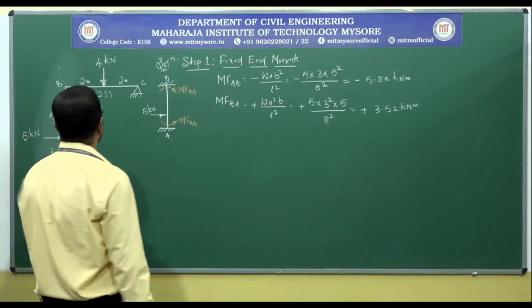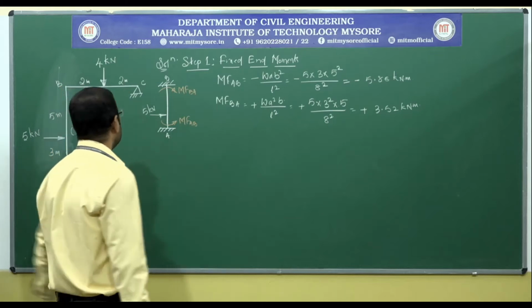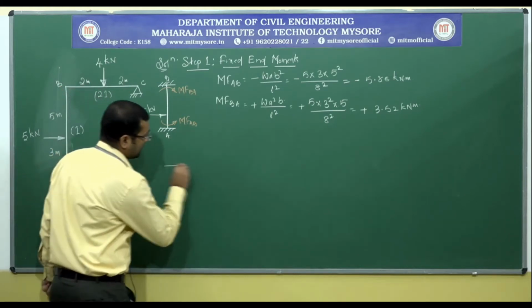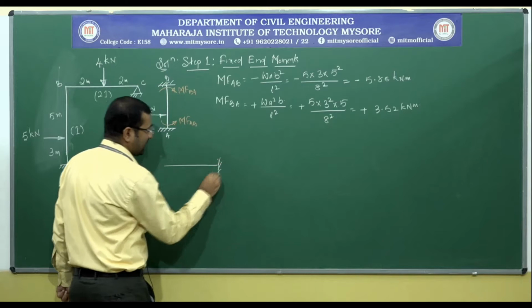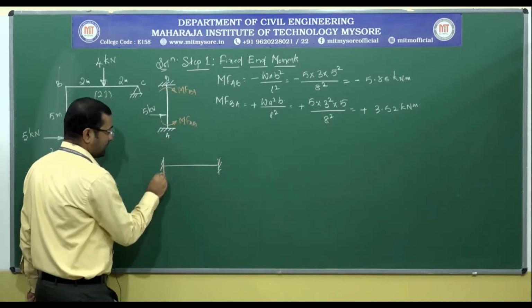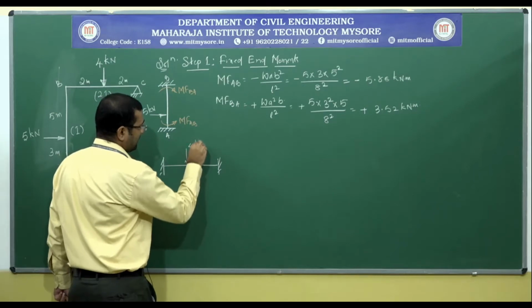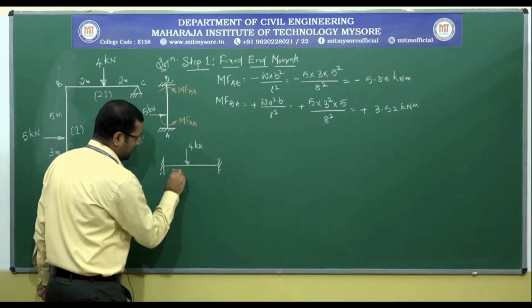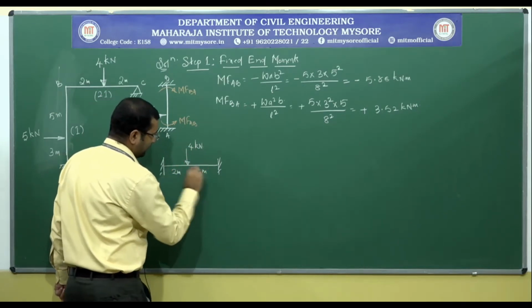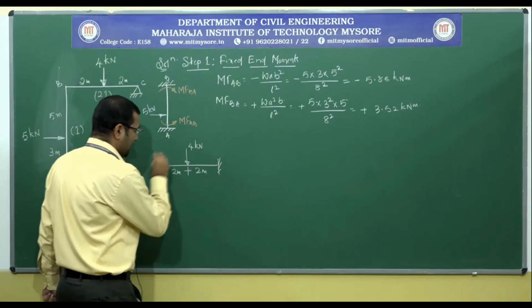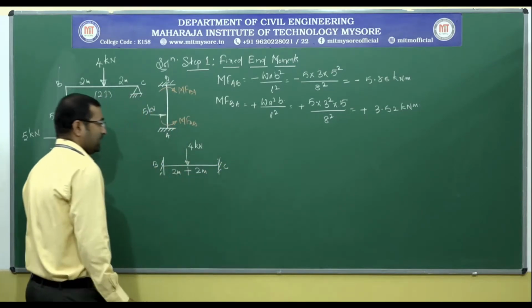Now similarly, we have to work out the fixed end moments for the member BC. So let us say the member BC carries a concentrated load of 4 kilonewton at a distance 2 meter from B and 2 meter from C, right.